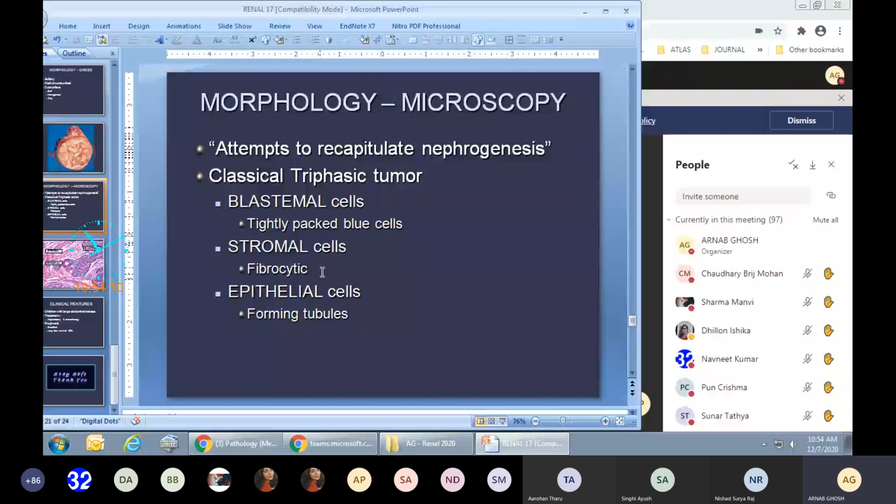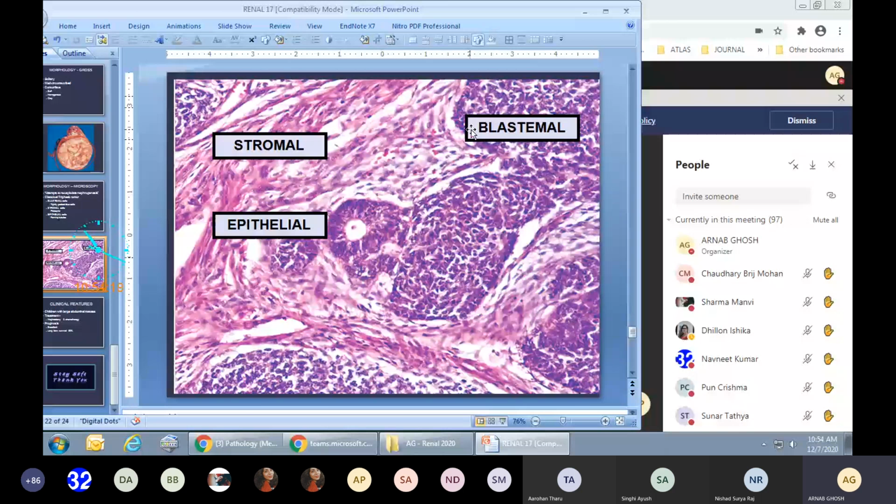So we'll see a picture once. Here these cells are blastemal cells. You see here these areas are bluish cells, small cells, round blue cells. Their look is blue because these cells are occupied mostly by the nucleus. That's why these cells are blue cells.